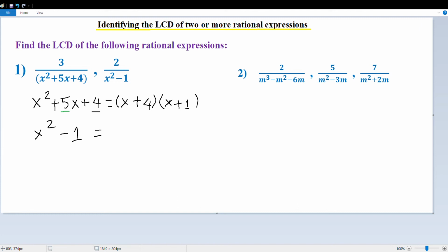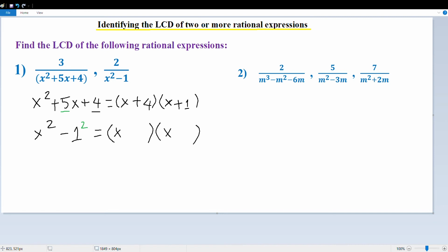Now for the second denominator we have x squared minus 1. It's the difference of two squares. As you can see, it can be written as x squared minus 1 squared. For the difference of squares, the square root of x squared would be x, and the square root of 1 squared would be simply 1.